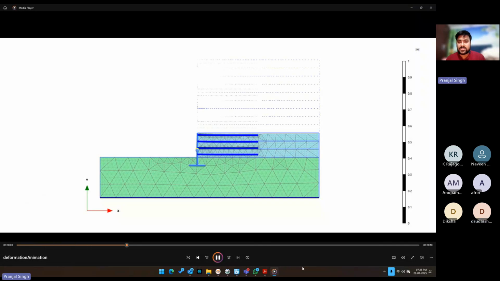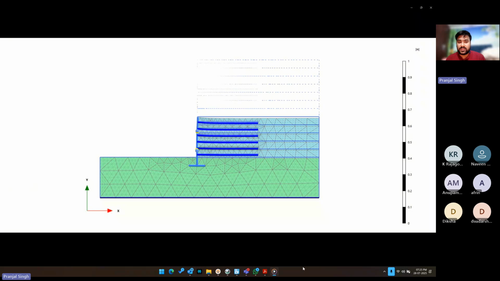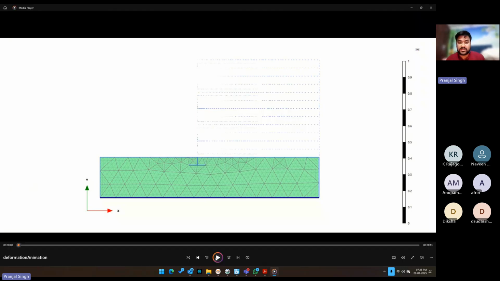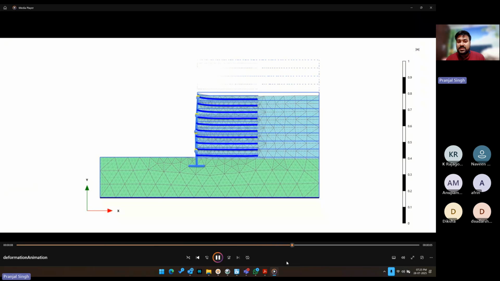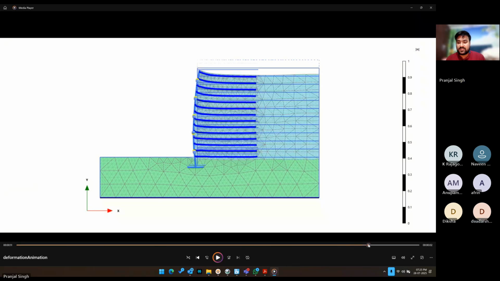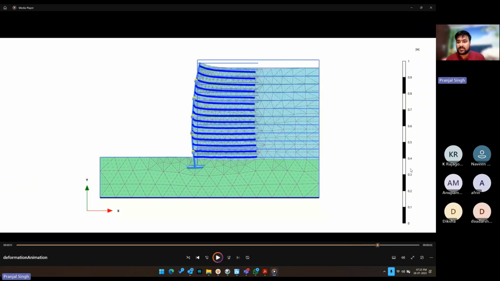So just try to look at the deformation of the soil and how the tensile action of the geogrid comes into action. You can see the deformation at later stages. It's deforming like this. If this reinforcement had not been there, this would probably have failed.